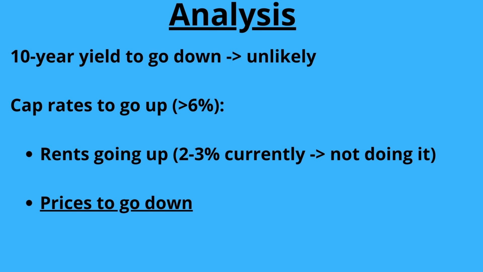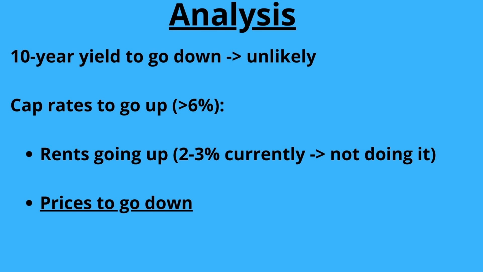The other factor will be that cap rates have to go up, at least 6%, so the spread becomes 2.5. Now, to do that, rents will have to go up. They're currently going up at 2-3% annually. In some places, they're actually negative because the supply of new properties has made rent stable.